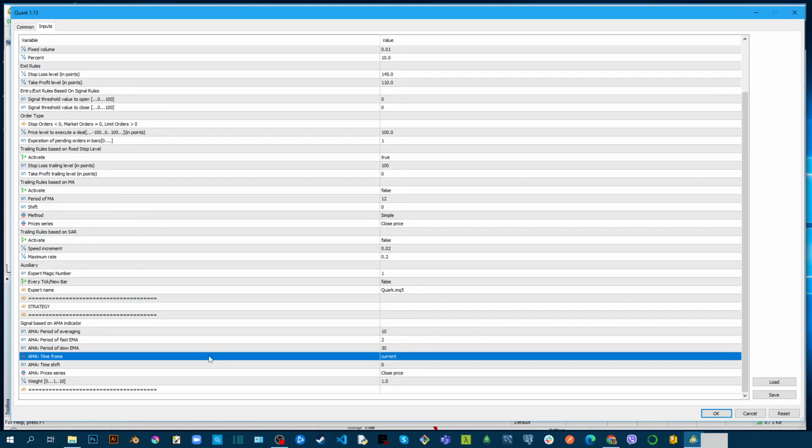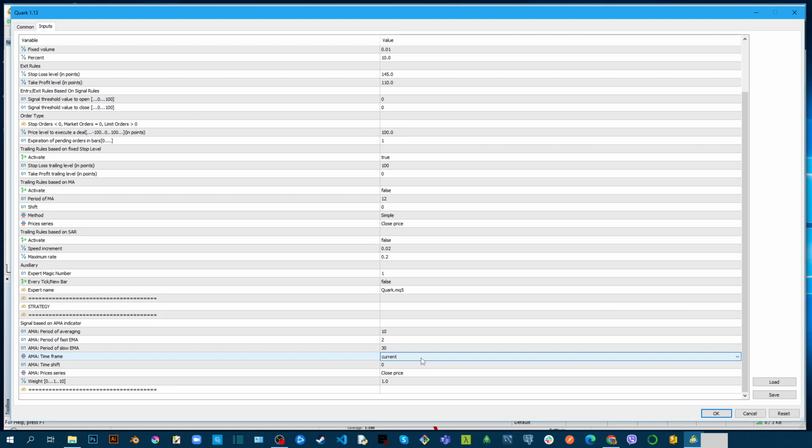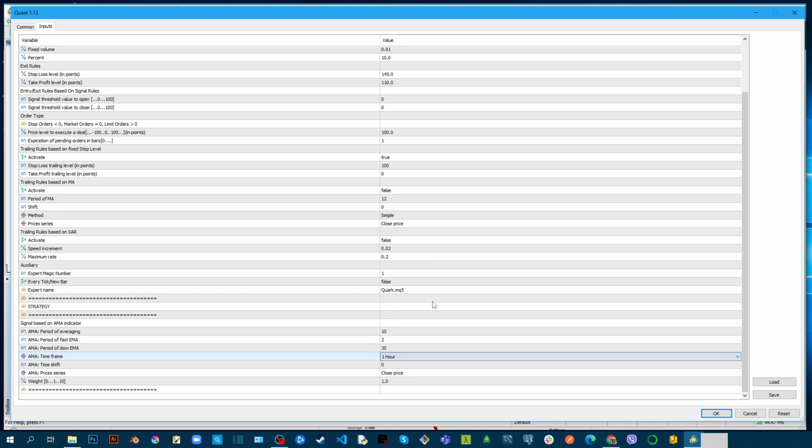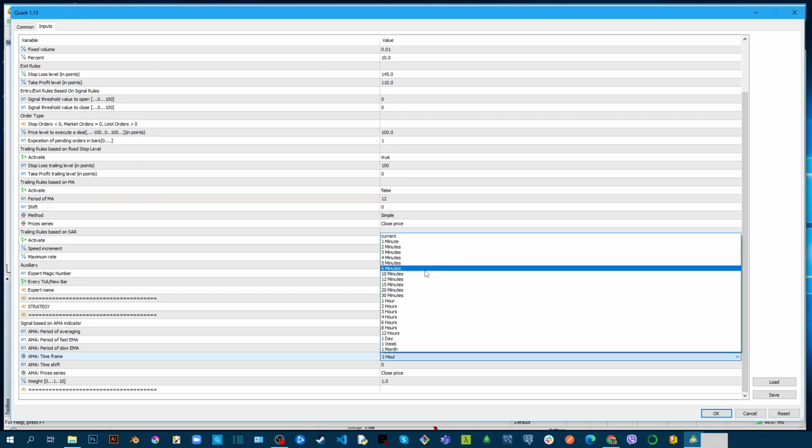Also you must take care about this input, time frame. If you are testing some set file, or if you want to optimize on the open price only, you can choose the current period, or, for example, 1 hour, or I don't know, 50 minutes.